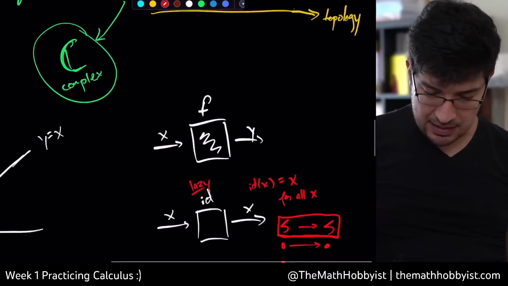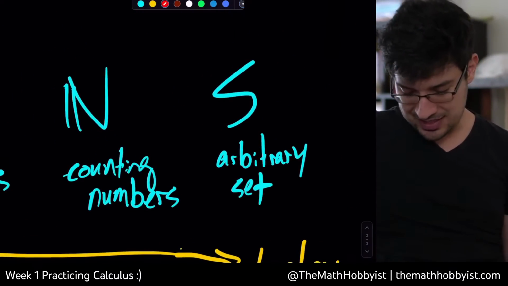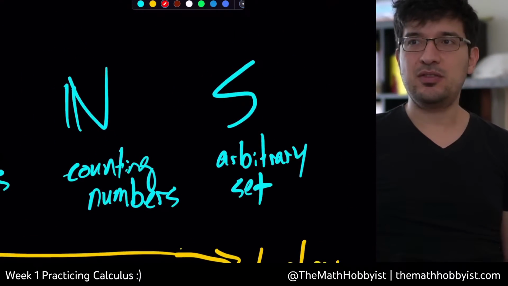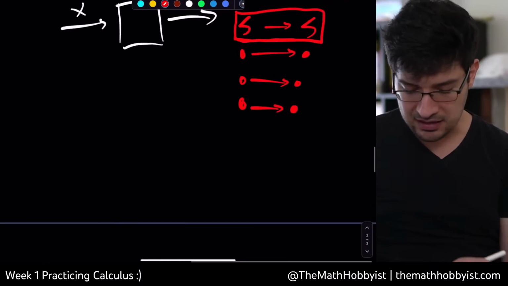So that's an example of some mathematical statement that we can say about this super weird world, where it's hard to say many things.